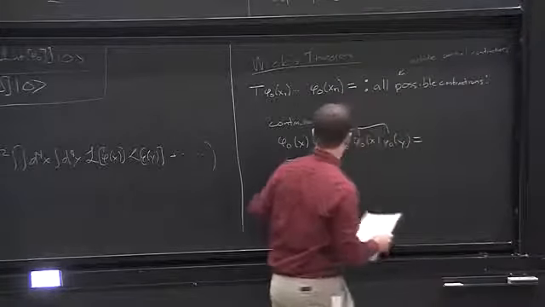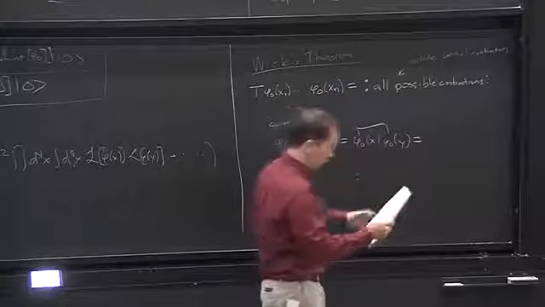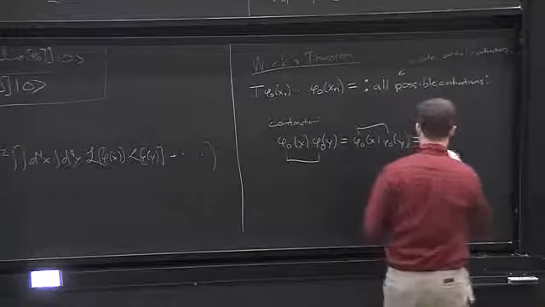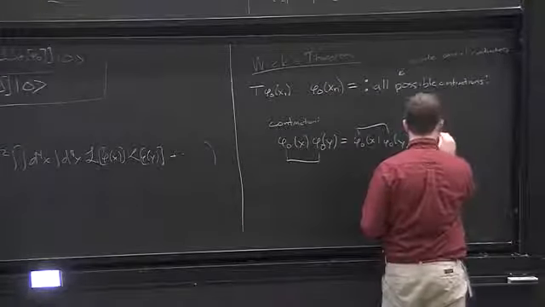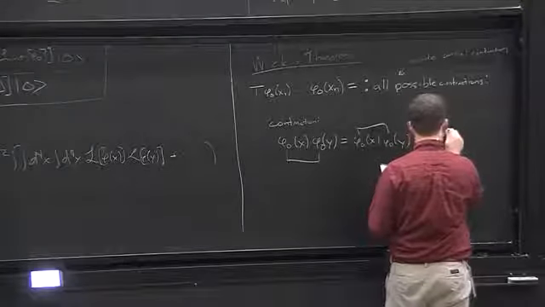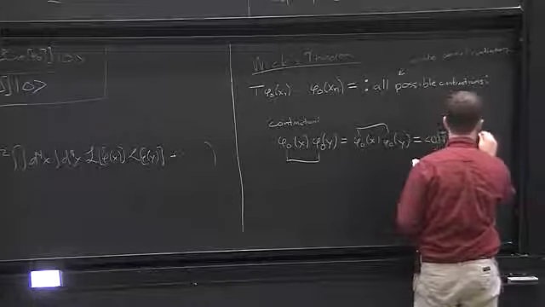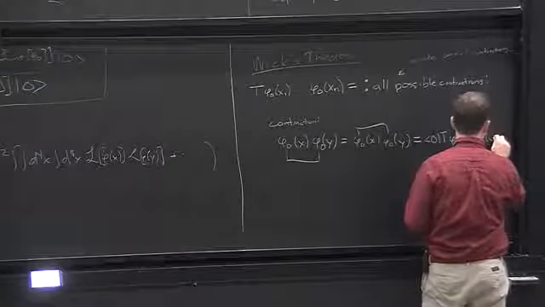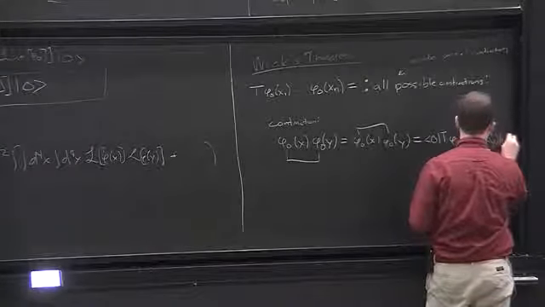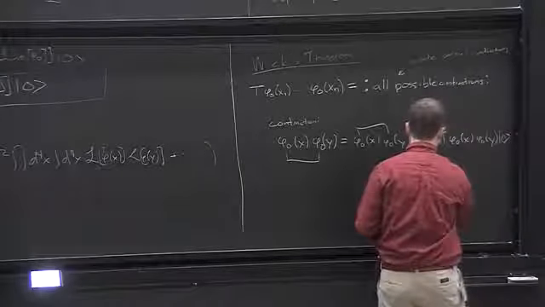A contraction means taking a pair of fields and replacing them by the vacuum expectation value of the time-ordered product of the two fields, also known as the Feynman propagator.